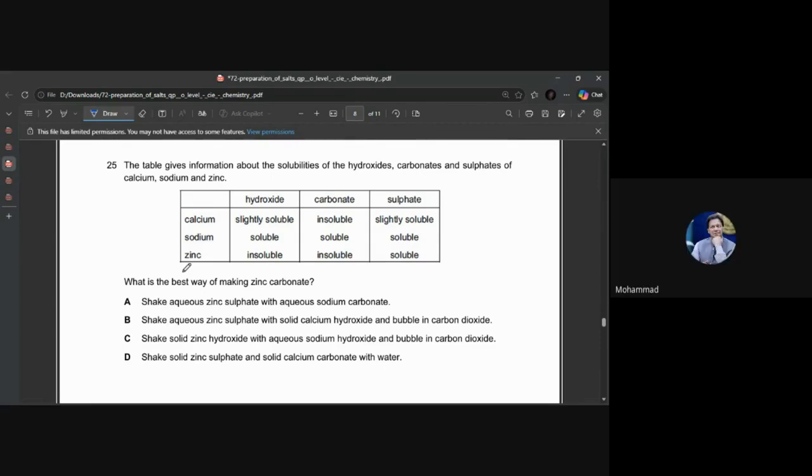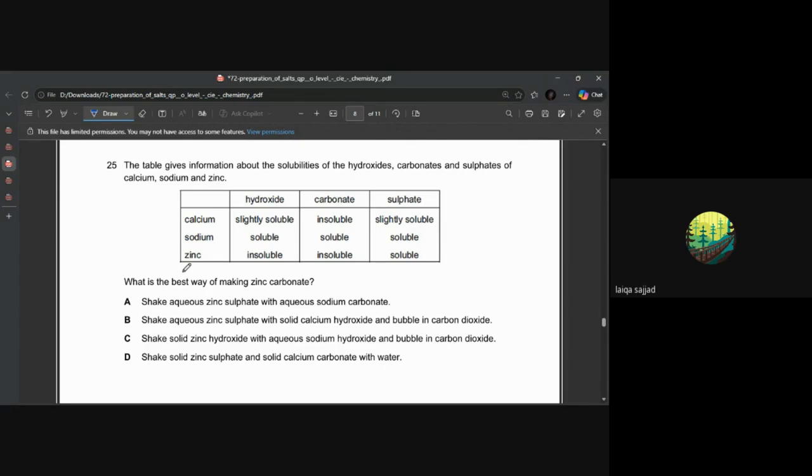A, shake aqueous zinc sulfate. Very good, excellent.